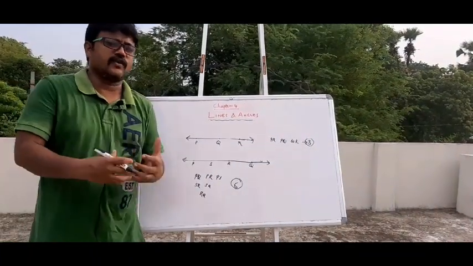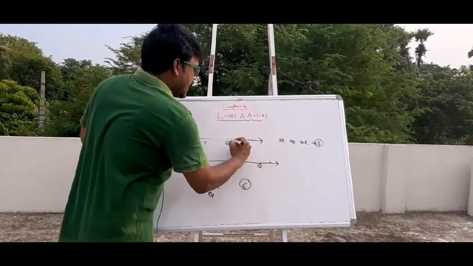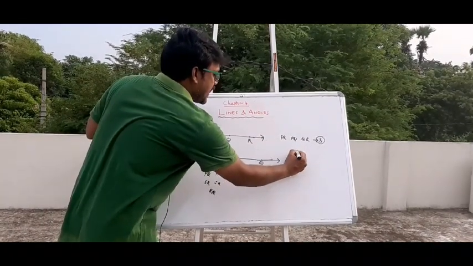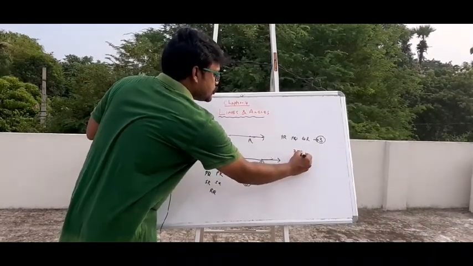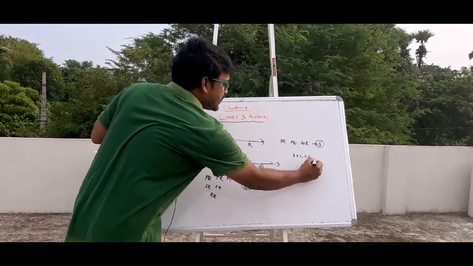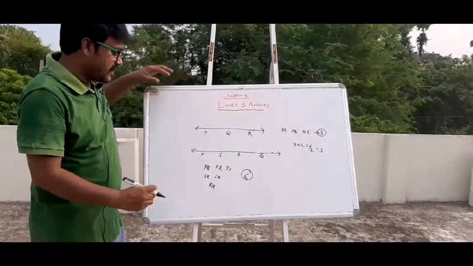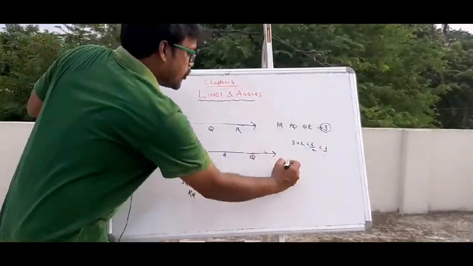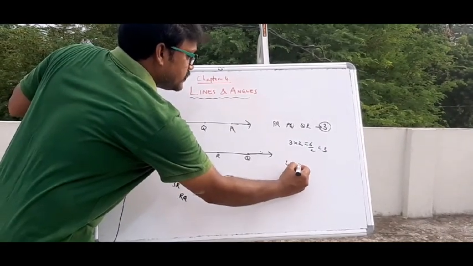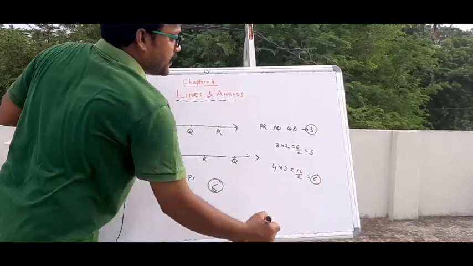Yes, we need to find a logic here. Since I have 3 points on this, I obtain 3 into 2, that equal to 6, and half of it, so 3 line segments. In the same way, here I have 1, 2, 3, 4 points. So 4 into 3, that equal to 12, and half of it, 6 line segments I obtain.